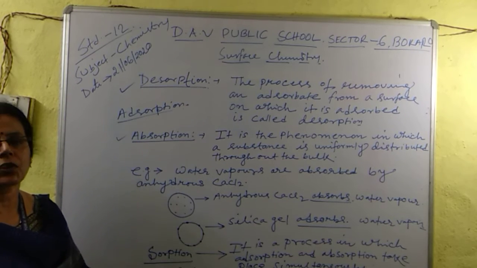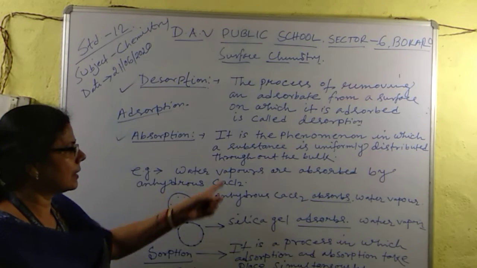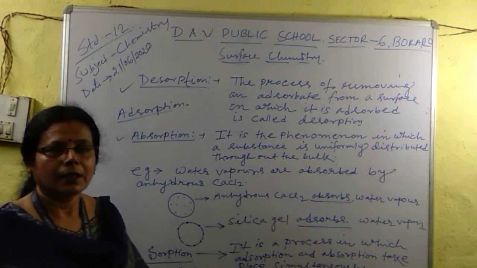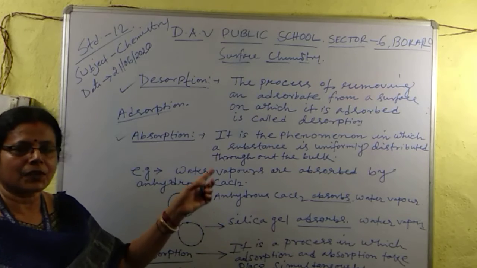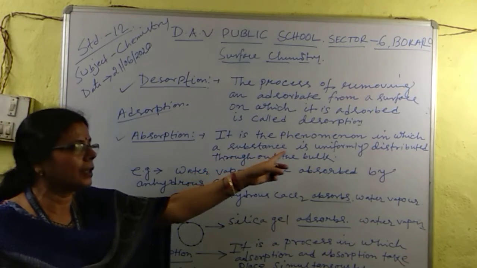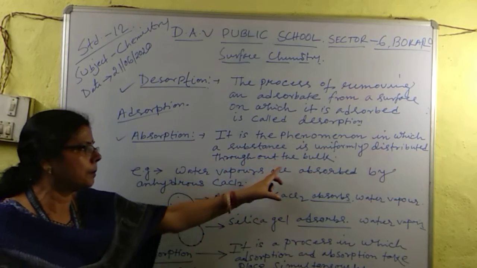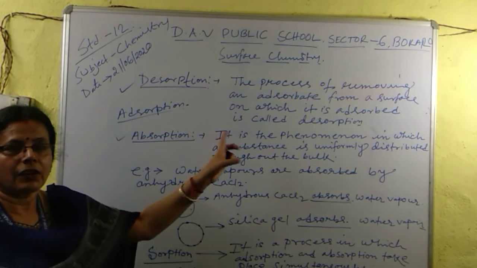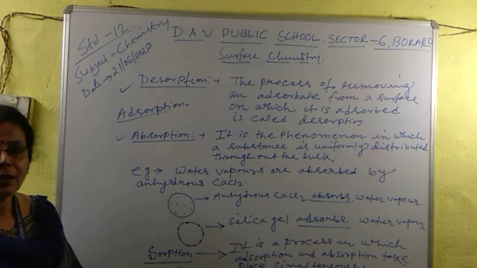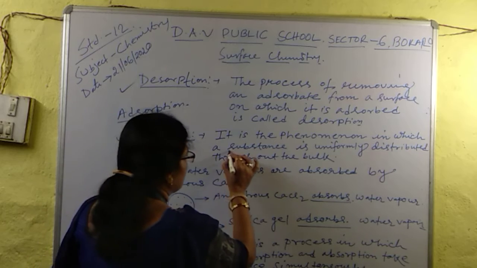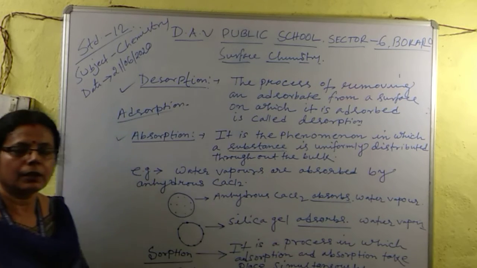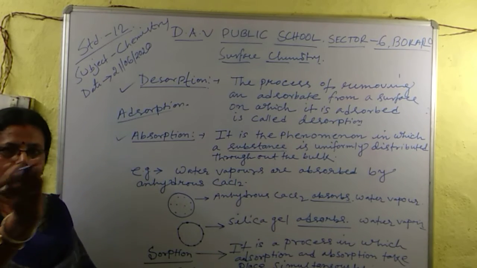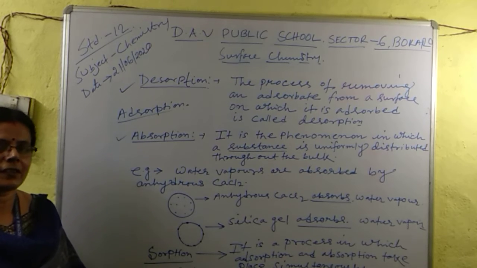What is absorption? Absorption is the phenomenon in which one substance is uniformly distributed throughout the bulk, not the surface.